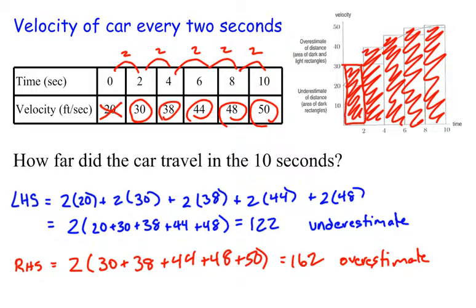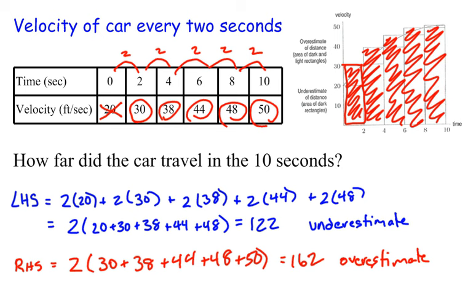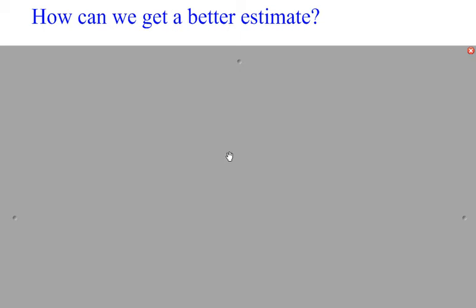All right. So you might ask yourself, well, how do we get a better estimate? Because clearly all we managed to do was say it was between 122 and 162. And we can certainly average those. So that's one way, although we're not guaranteed that the actual value is right in between. So how do we get a better estimate?